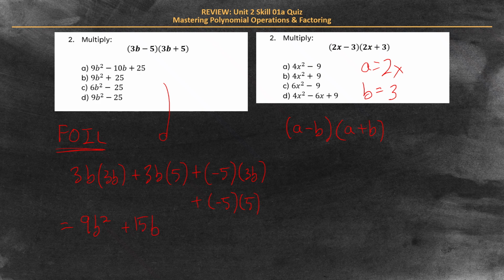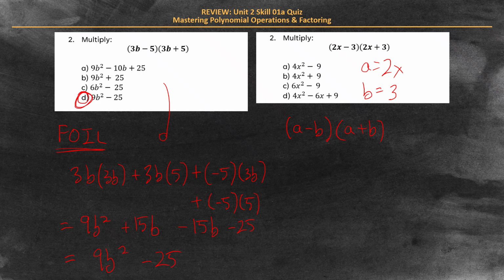Negative 5 times 3b is negative 15b, which is minus 15b. And minus 25. So now we're going to combine the like terms. 15b and negative 15b is 0. So we have 9b squared minus 25. So the answer would be D.